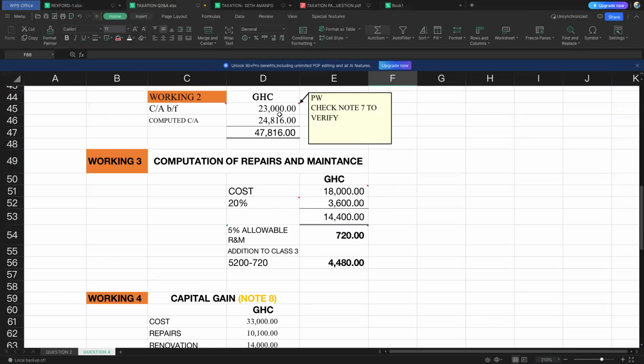Then we add the computed capital allowance 24,816 to get 47,816. Now let's look for our capital gain.